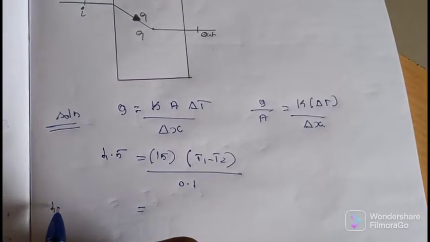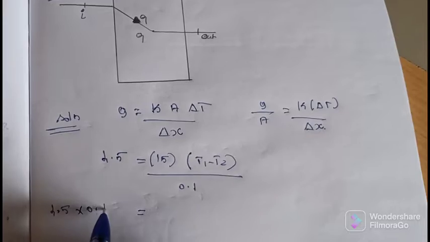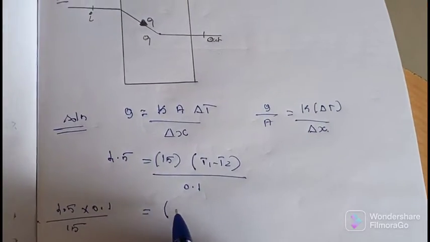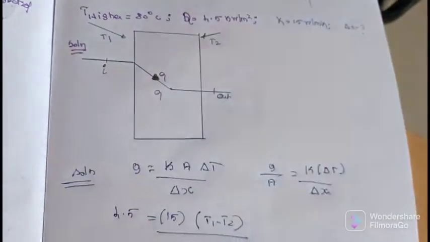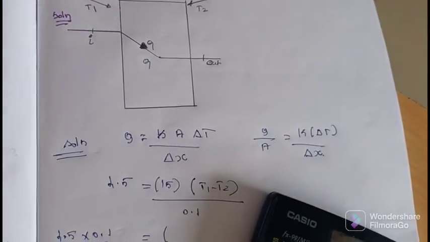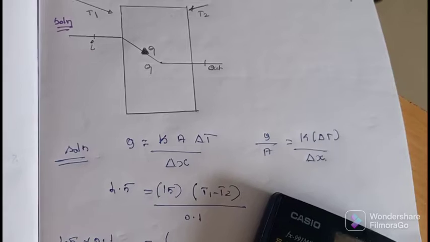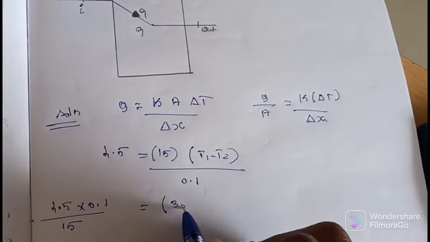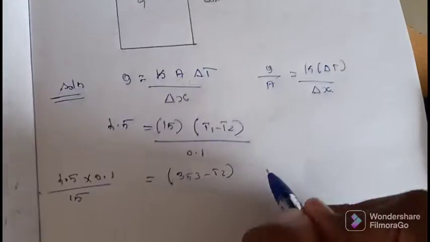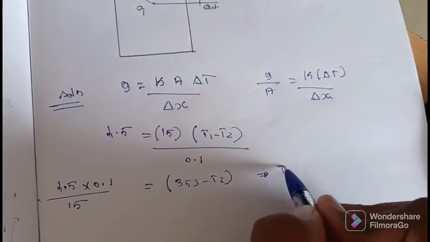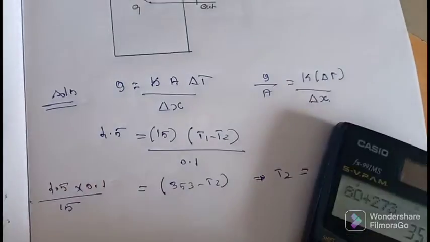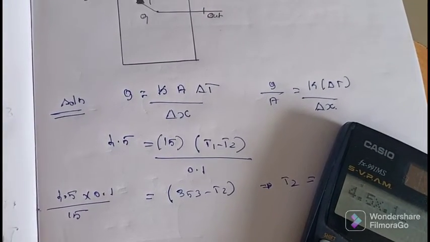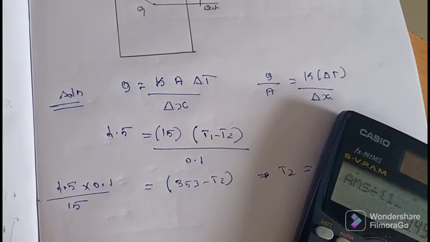So 4.5 into 0.1 divided by 15 equals T1 minus T2. T1 is given as 80 degrees Celsius, converting into Kelvin, 80 plus 273 is 353, minus T2. On simplifying this, we get T2 from 4.5 into 0.1 divided by 15.